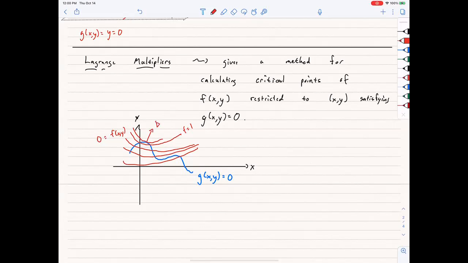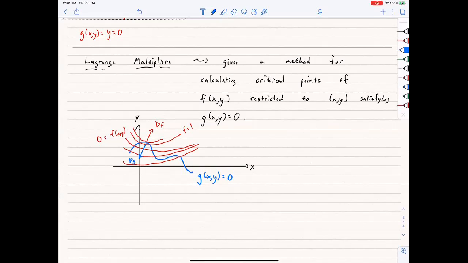This is the gradient of f. And if I look at the gradient of g, and this depends on the direction, it's also going to be normal to the same tangent line because they're tangent to each other. So maybe it's pointing in the opposite direction, I don't know, but it's a multiple of the gradient of f.